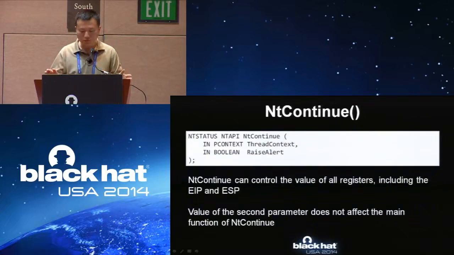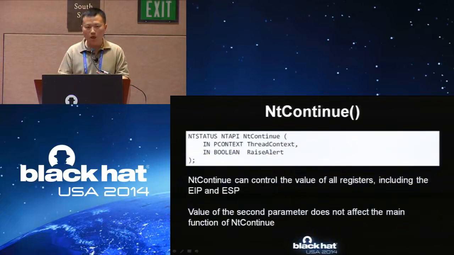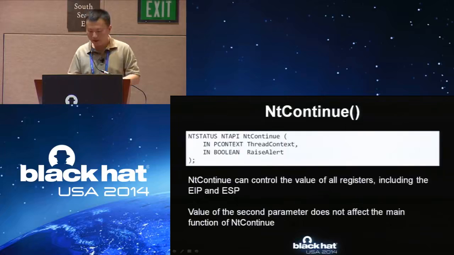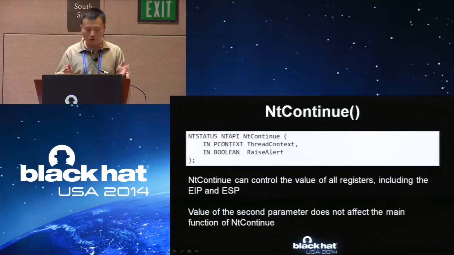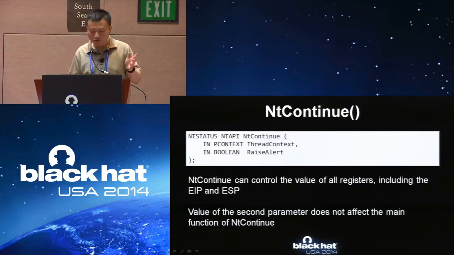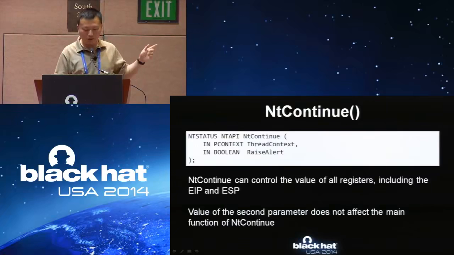NtContinue is a powerful native API for exploit writers. It can fully control all the registers, including ESP and EIP. Another piece of good news is that the value of the second parameter is not important.